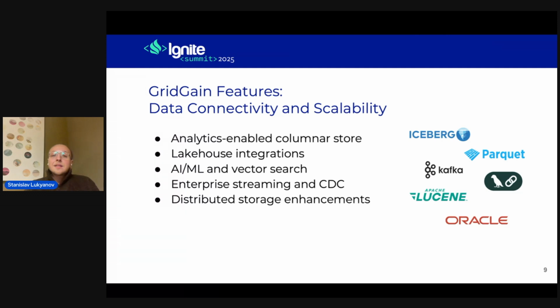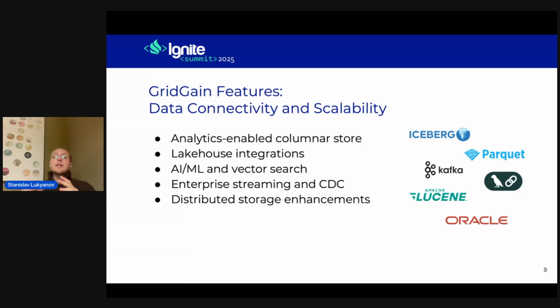So GridGain has a number of features that help to, on one hand, store different kinds of data that is specific to certain kinds of workloads, whether it's analytical workloads or AI and machine learning workloads. It has enhanced storage engines that are again specific to certain kinds of workloads and help to make your system more efficient.